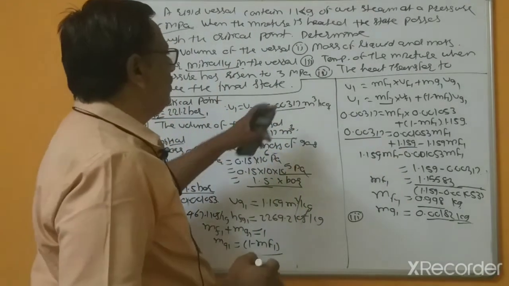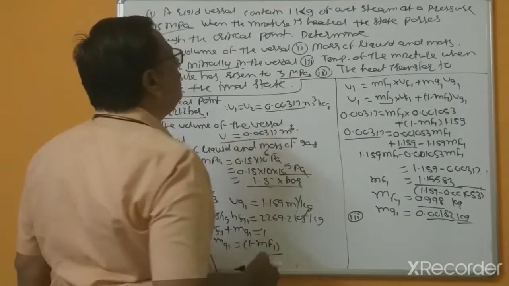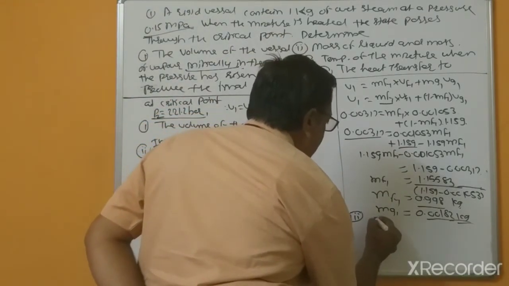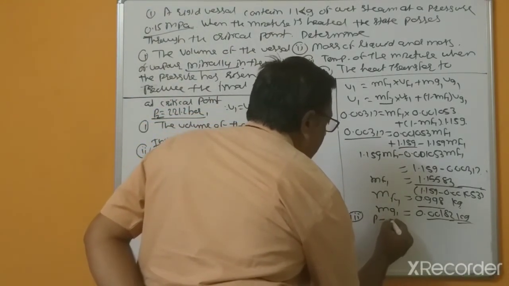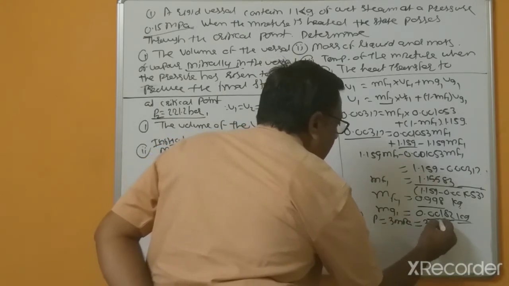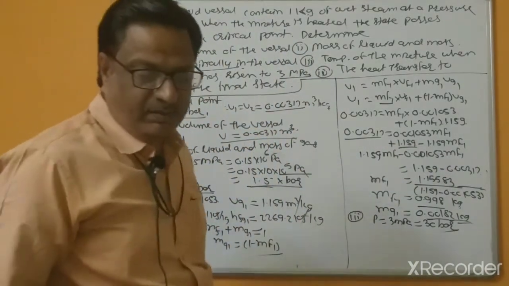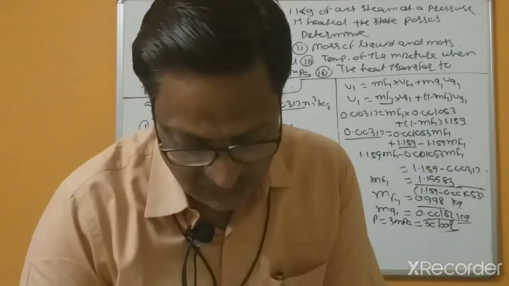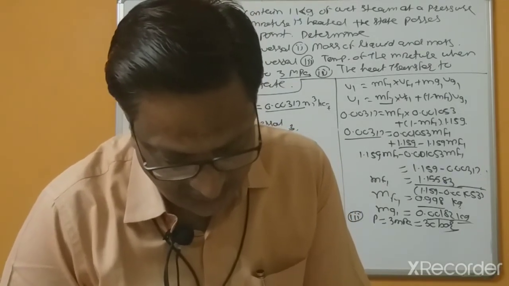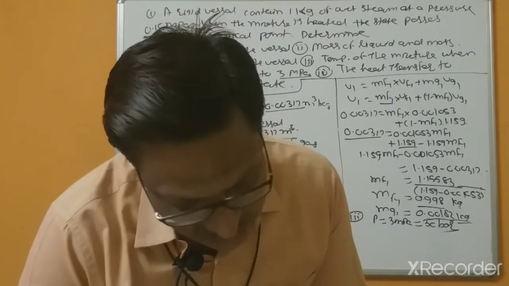So it is third bit, temperature of the vessel. Temperature of the mixture when the pressure has risen to 3 megapascals. 3 megapascals means, can I write pressure equal to, directly I am writing here 30 bars. So at 30 bars, by using steam tables, what is the corresponding temperature that you can extract?